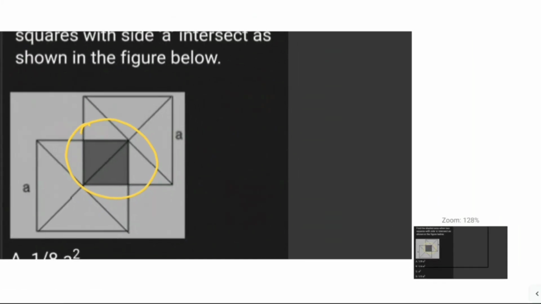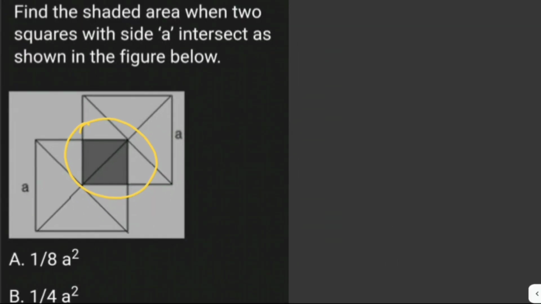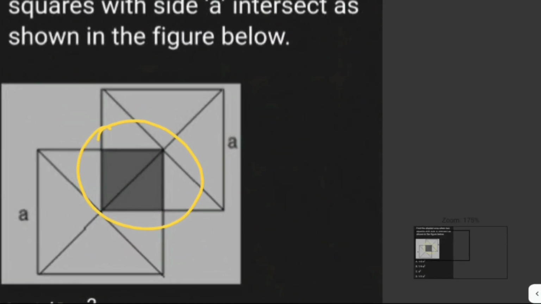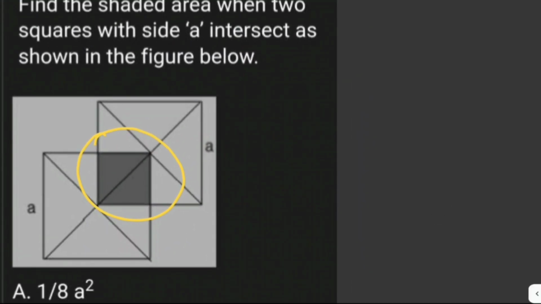It is given here that the side of the squares are just equal to A, and then the shaded area here, this one, is also a square, and its sides are just half of the side of the larger squares. So that means this side is just 1/2 of A.